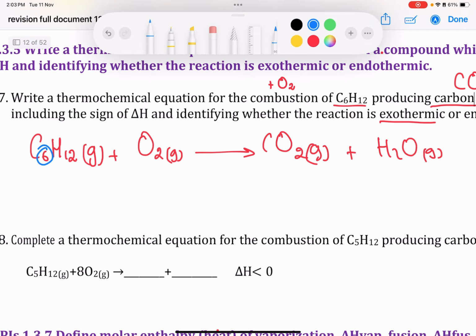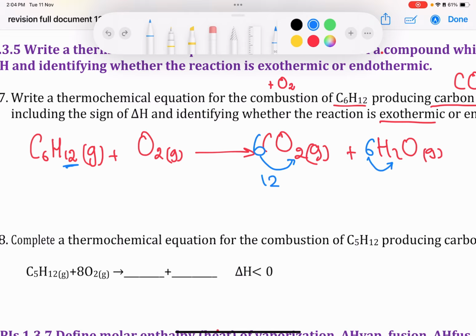I have 6 carbons, so I'm going to write over here 6. And by writing 6, now I have 6 carbons and 12 O just from here. Now, I have 12 hydrogens, so I'm going to multiply this by 6 to get 12 hydrogens. 6 times 2, 12. Now, for the oxygen, I have 12 oxygen coming from this and 6 coming from this one.